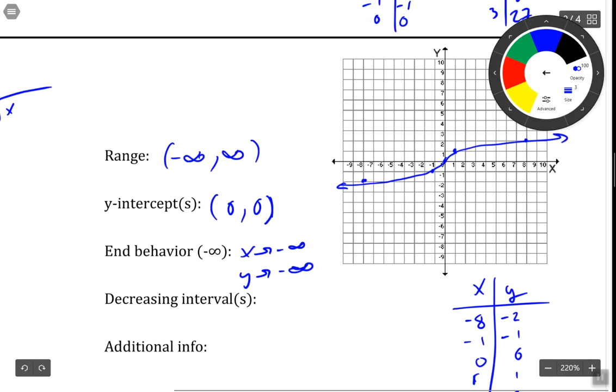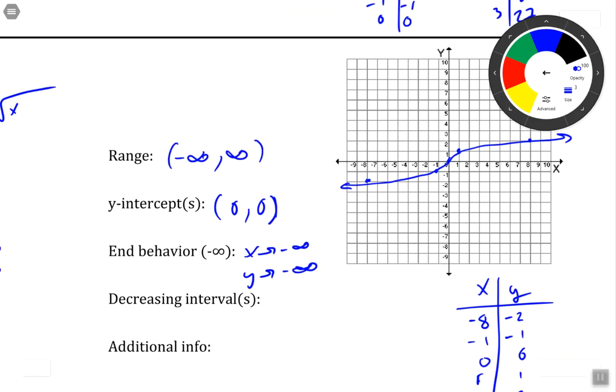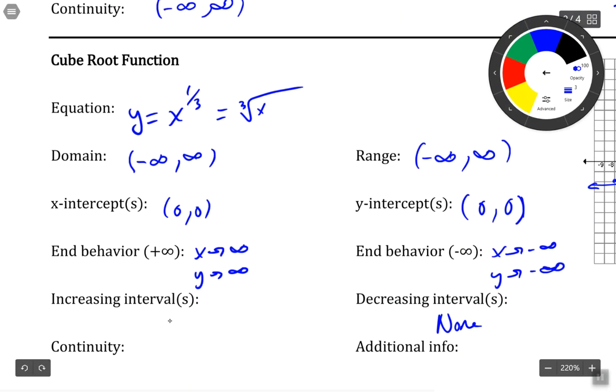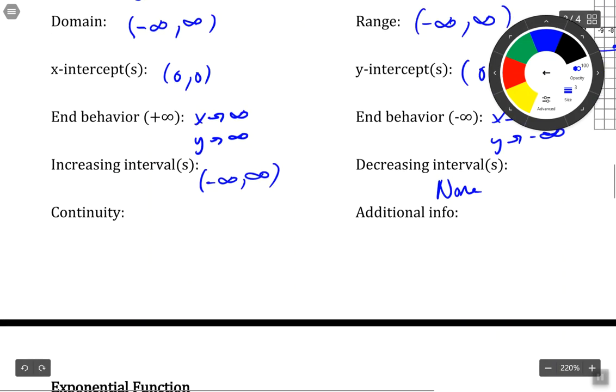Is this function increasing or decreasing? Does it change? It doesn't change, so what is it? Increasing. There are none on the decreasing intervals. The increasing interval is the same as the domain, from negative infinity to infinity. What about continuity? Is it continuous over the whole domain?